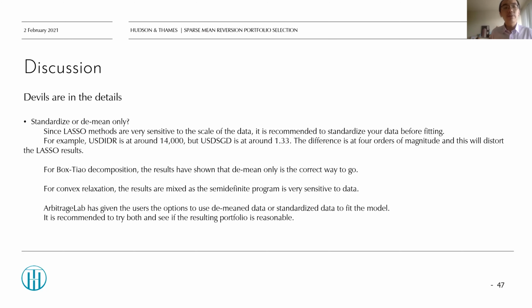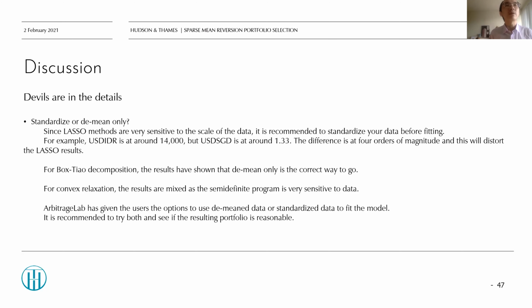On the other hand, for box-tail decomposition, the results have shown that only centering the data to 0 mean is the correct way to go. I tried to fit the box-tail decomposition model on the standardized data, and it doesn't really make any sense. And for the convex relaxation framework, the results are pretty mixed.